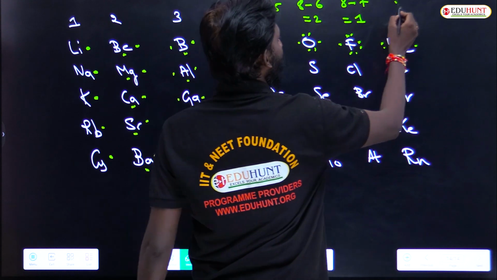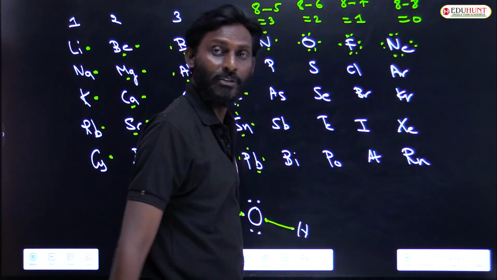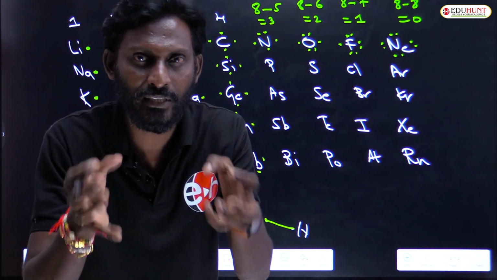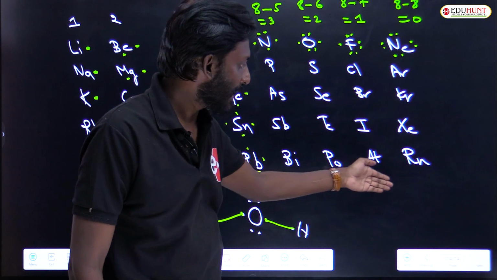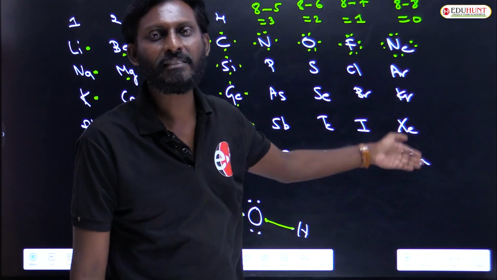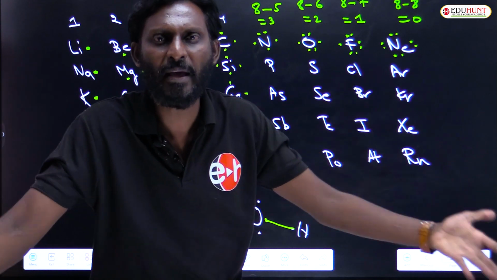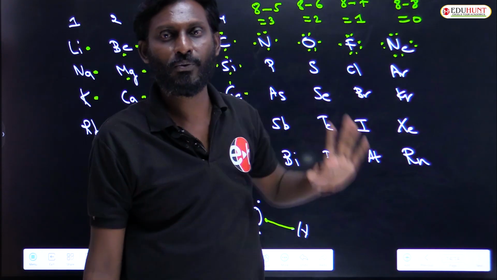Now 8 minus valence electrons 8, so valency is 0, combining capacity 0. That means according to Lewis or the octet rule, these inert gas members, as the name itself tells us, do not have any combining capacity. Their valency is 0.